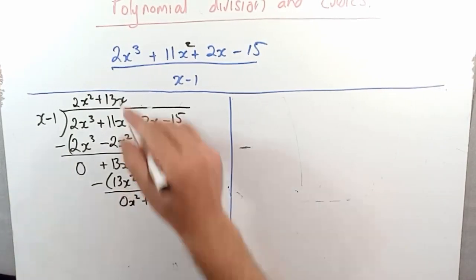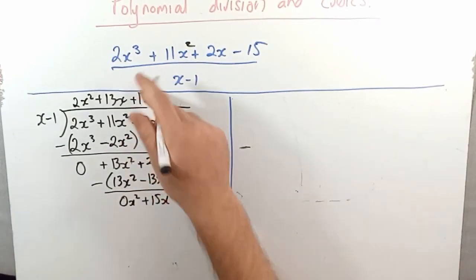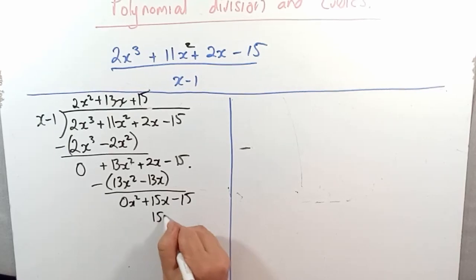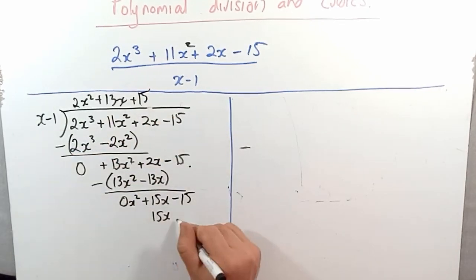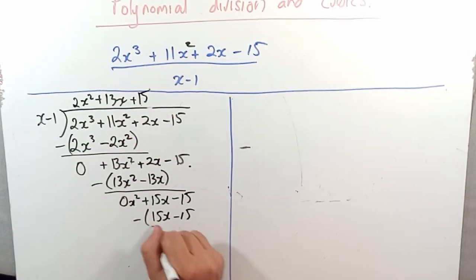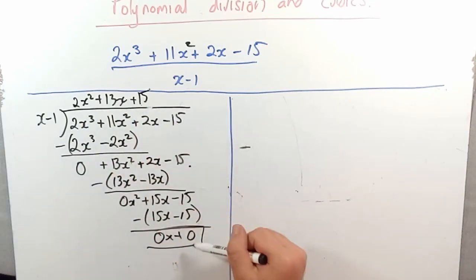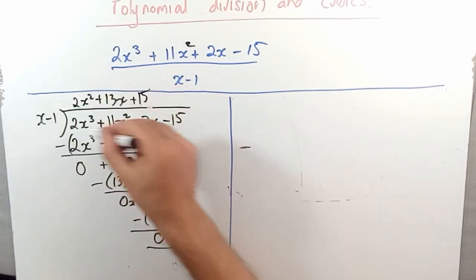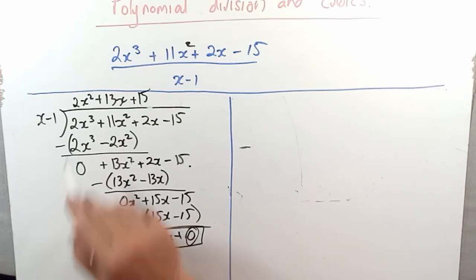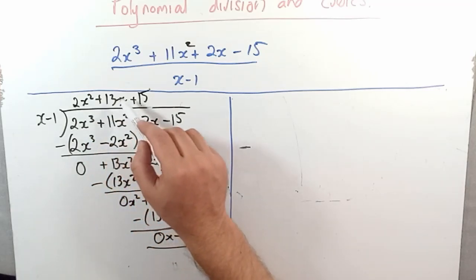Cool. X goes into this 15 times. So I get 15 times x is 15x, and 15 times negative 1 is minus 15. When I minus it all away, I get 0x plus 0. Perfect. So I know that this is a perfect factor because I have no remainder. And this is what I had before.